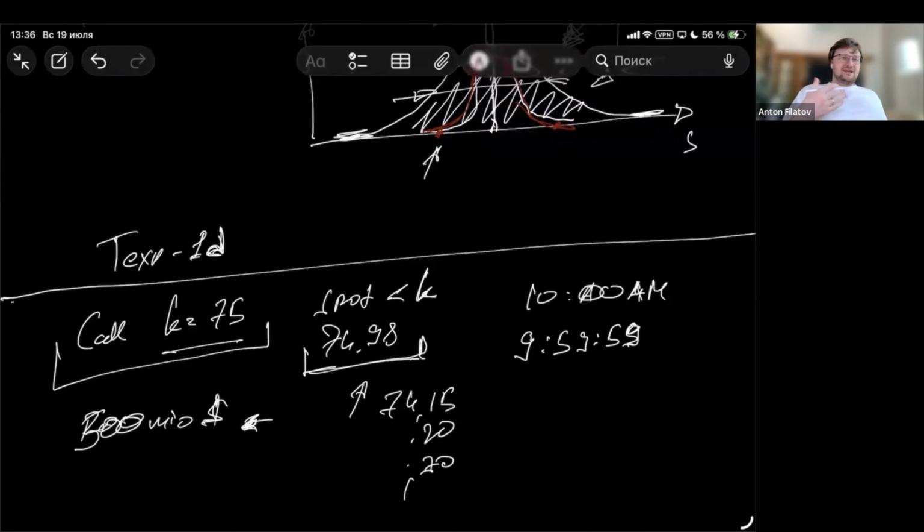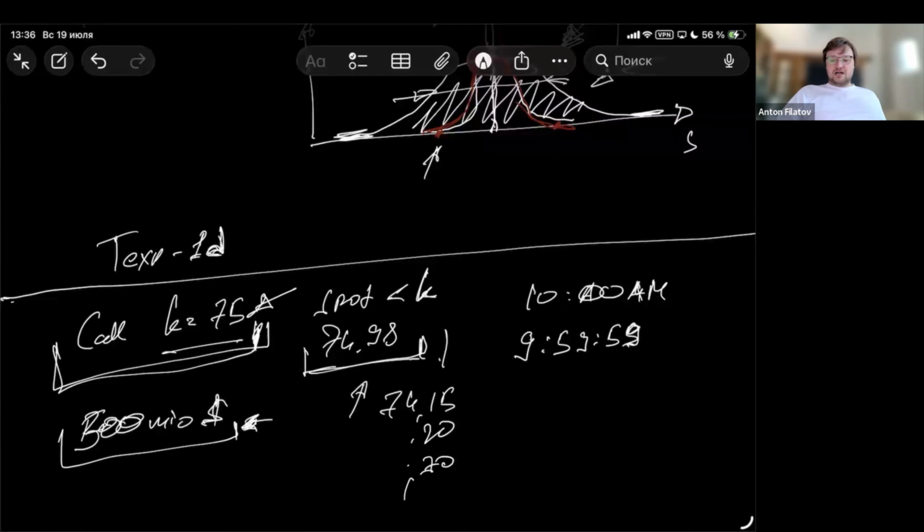So it might move higher. By exercising this option, which is out of the money, you can buy these $500 million at 75 and not buy them by moving the market higher and higher.